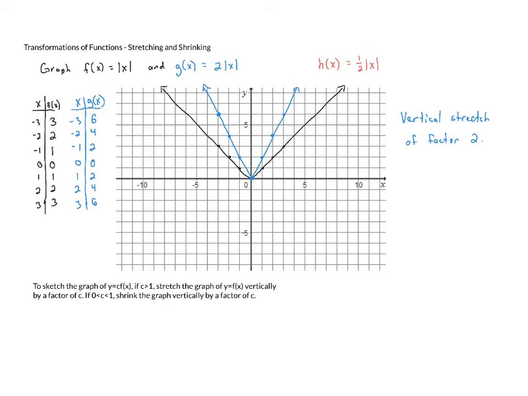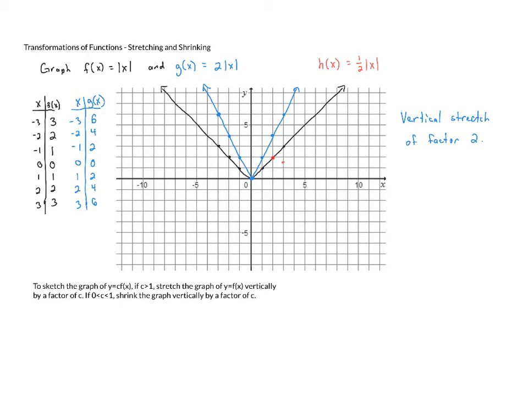So for each point on the original graph, it needs to shrink by a factor of 1/2. So the distance between that point and the x-axis is going to shrink by a factor of 1/2. So this point, instead of having a y value or a height of 3, will have a y value or a height of 1.5. We're cutting things in half.